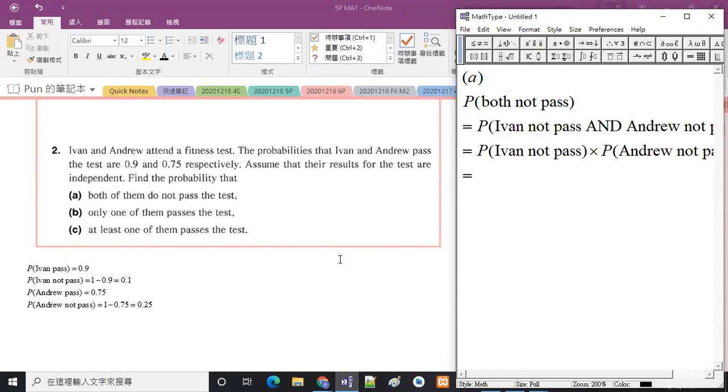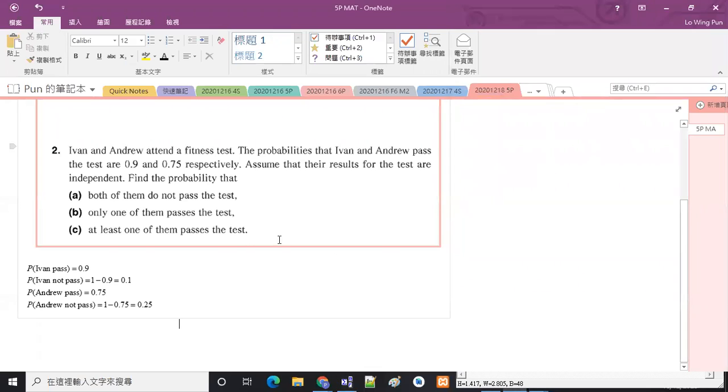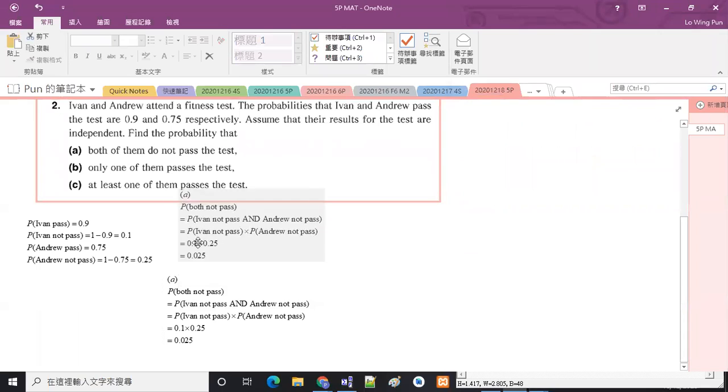Ivan not pass has been found to be 0.1, and Andrew not pass has been found to be 0.25. That is equal to 0.025. So that is the answer of part A. Can you get this?